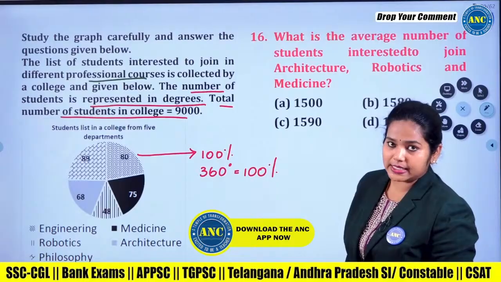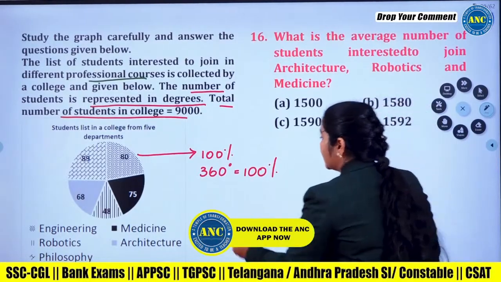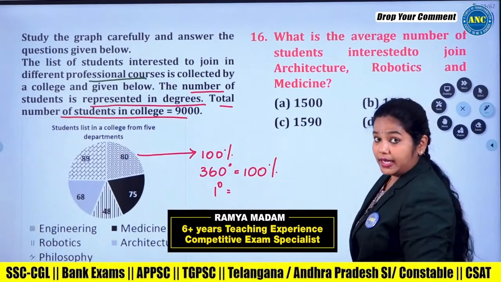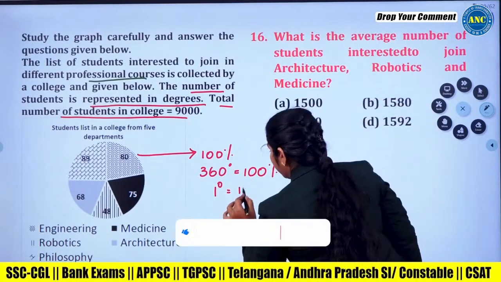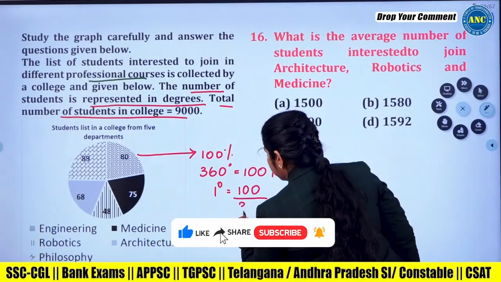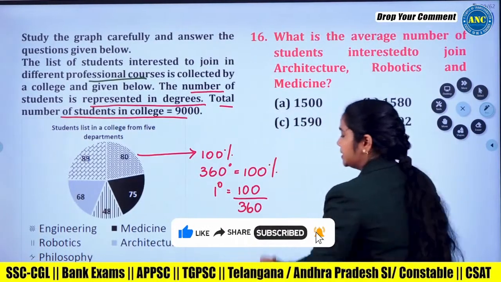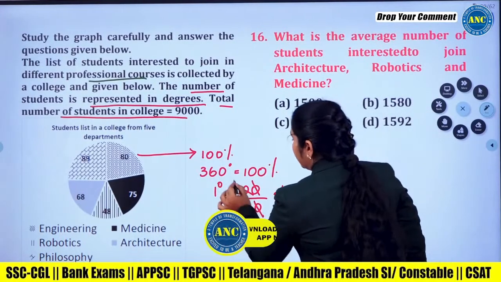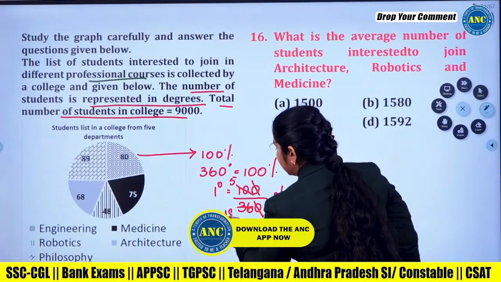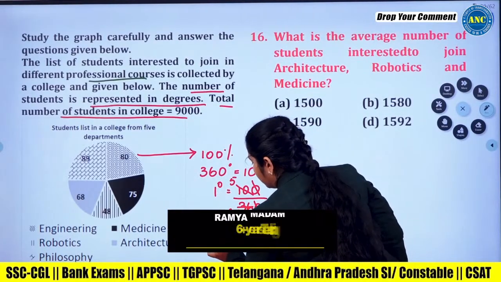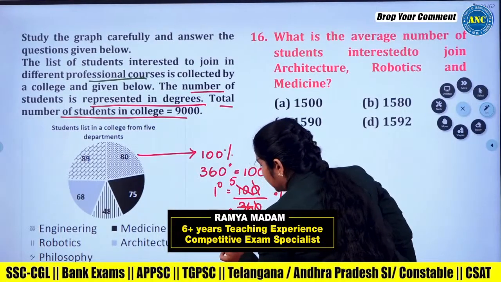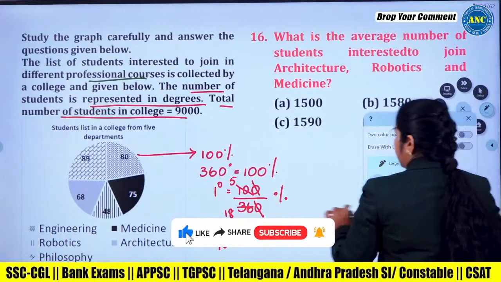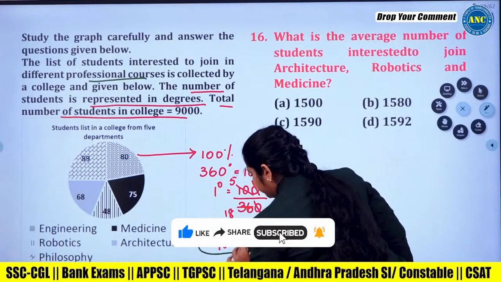Then calculate the value of 1 degree. 1 degree is equal to 100 by 360 percentage, or 5 by 18. So 1 degree is equal to 5 by 18 percentage, which is very important to remember.